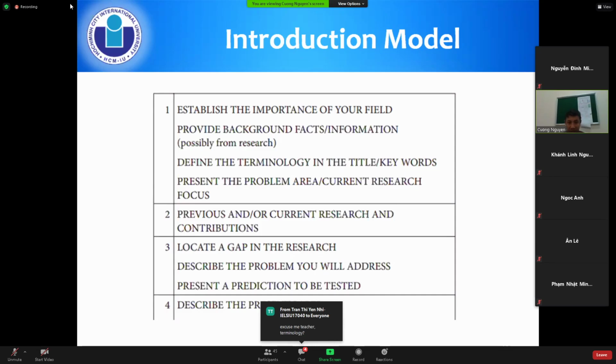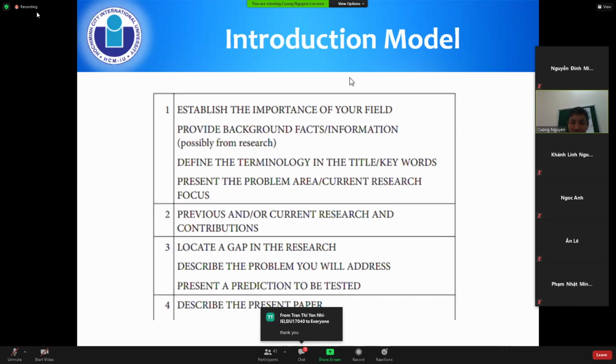Yes, Ingi? Terminology, okay. Terminology means terms, like method and methodology, right? Methodology means methods in general, and terminology means terms in general, technical terms or jargon. Is it clear, Ingi? Okay, great.